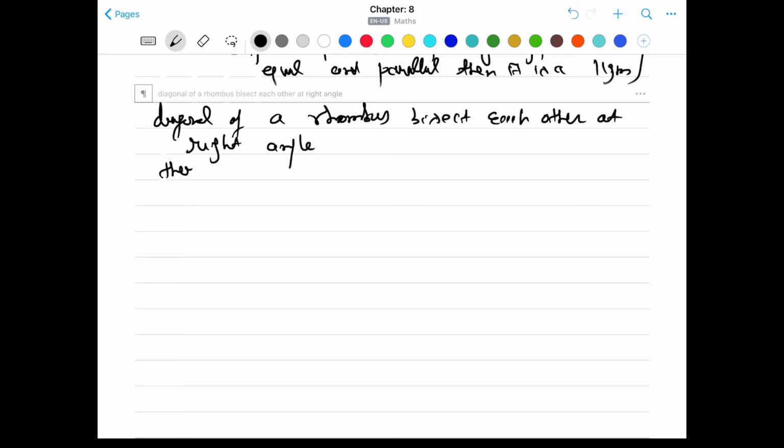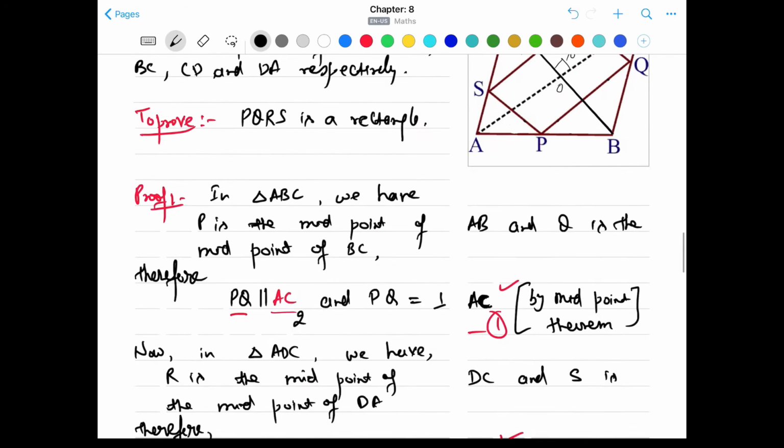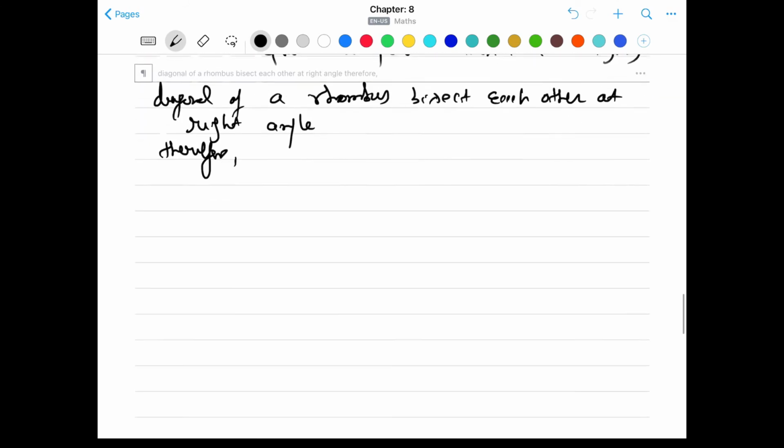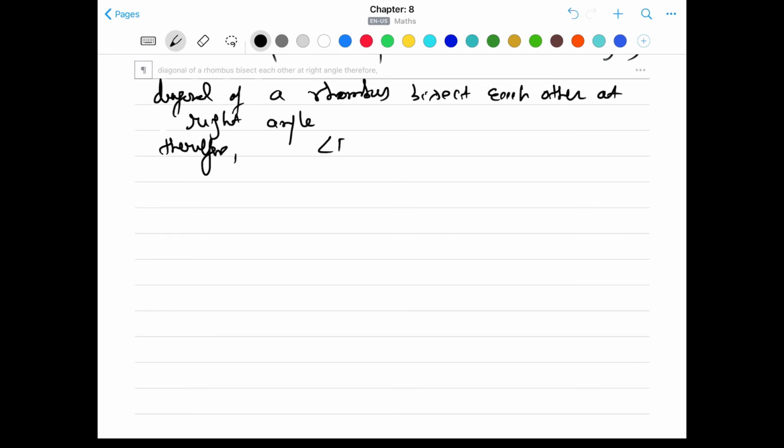Therefore, from this figure, angle EOF will be equal to 90 degrees.